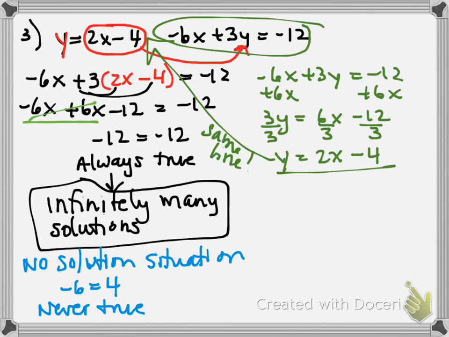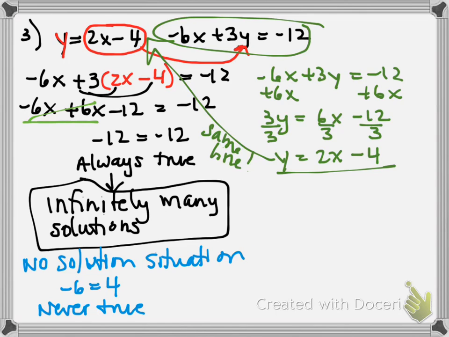What would be your backup check to see if you're actually right? What could you do? How? What is it that makes you get no solution? They're parallel. The lines are parallel. Well, what makes lines parallel? Two things, same slope and different y-intercepts.